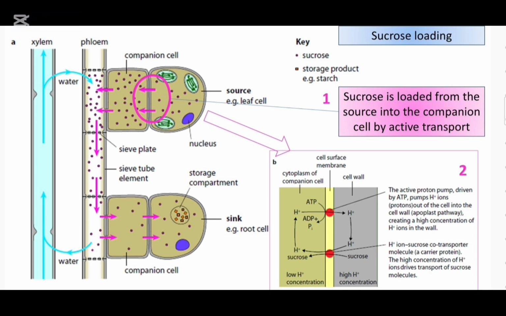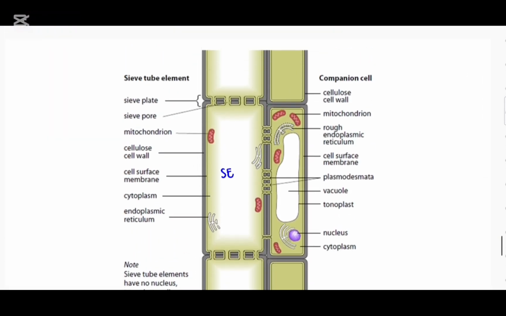That's why we can see a lot of mitochondria whenever there is an active process. This is the reason why the companion cell has a lot of mitochondria: active transport occurs, which requires ATP. Again, notice the companion cell has a lot of mitochondria.